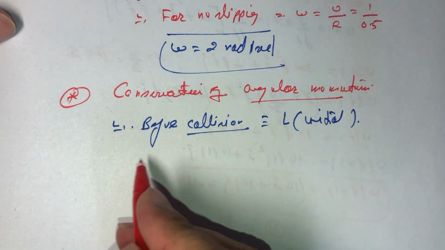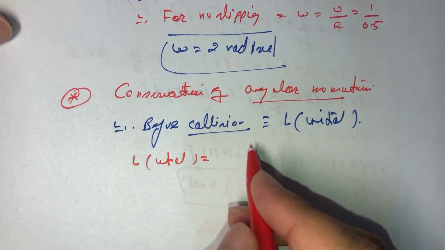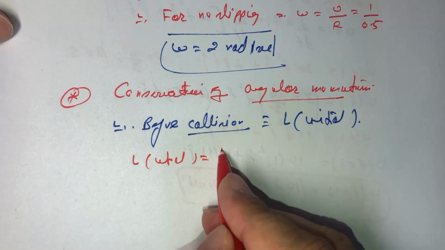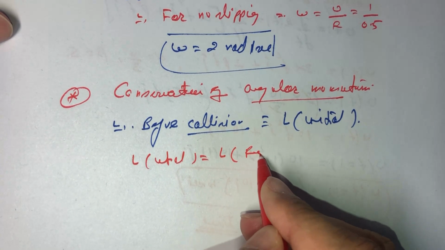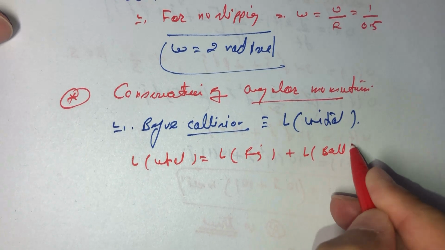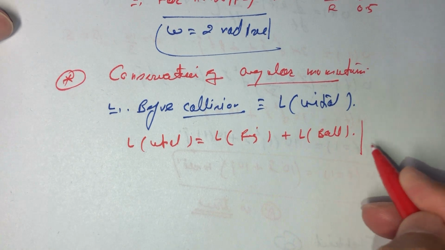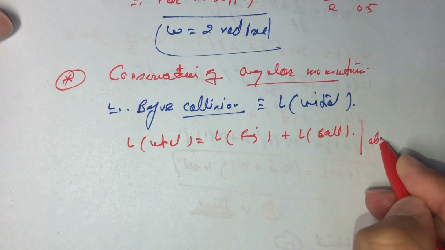So we write L initial will be equal to the angular momentum of the ring plus the angular momentum of the ball, about the point of contact.